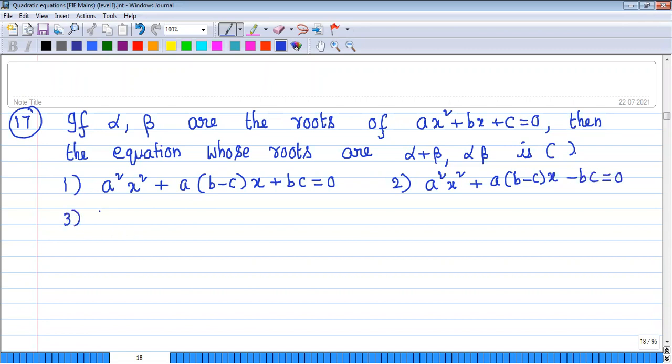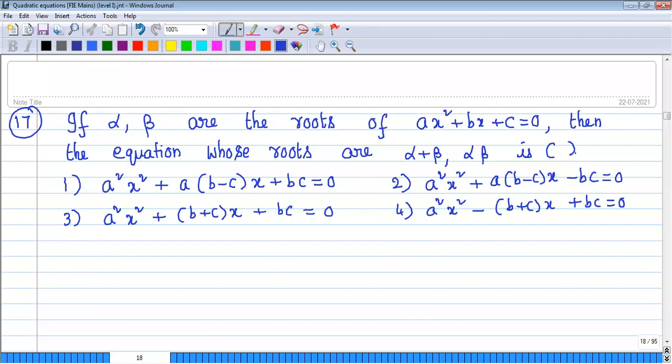Third option, a square x square plus b plus c of x plus bc equals to 0. Fourth option, a square x square minus of b plus c of x plus bc equals to 0.